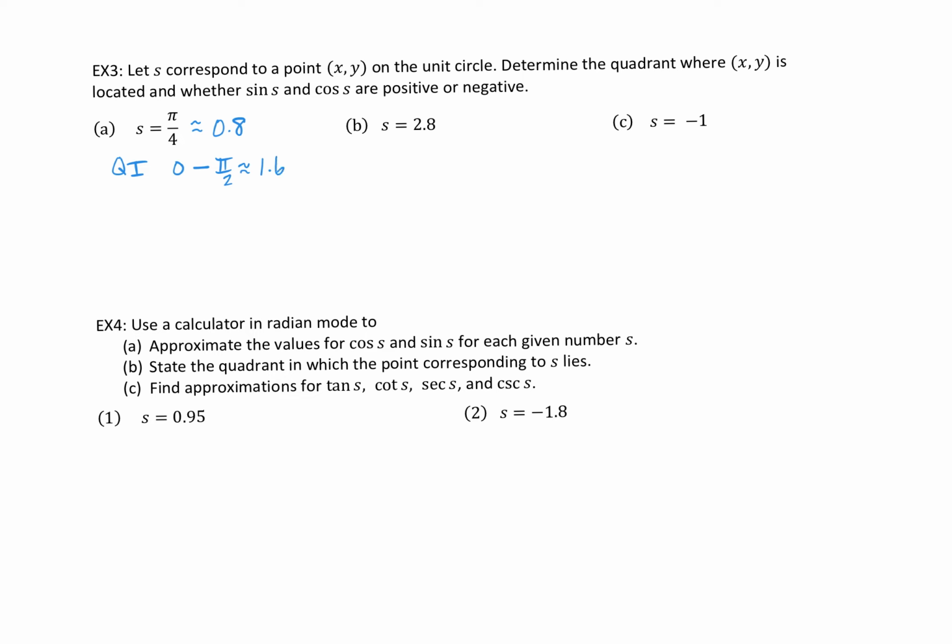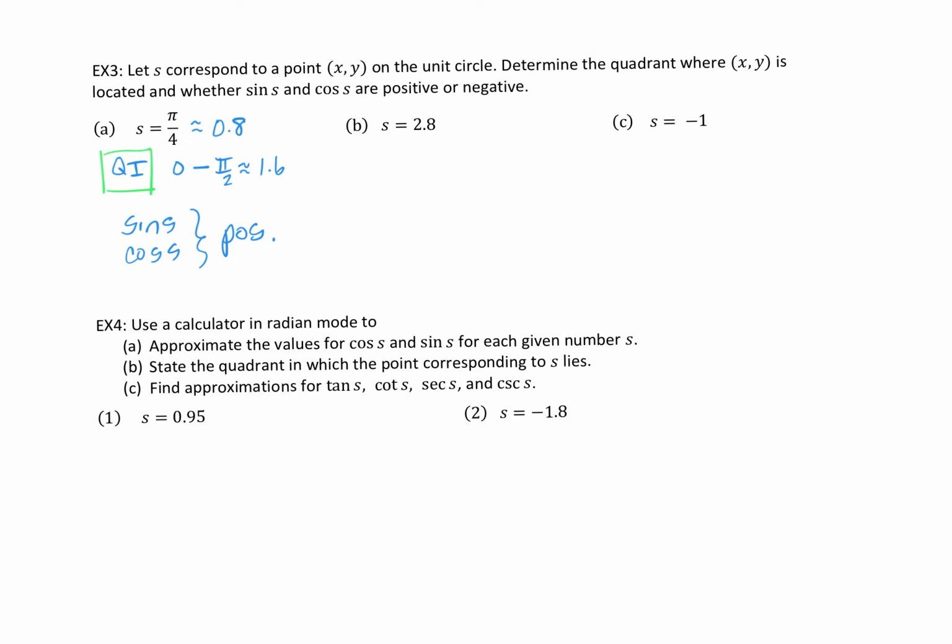So you could see that 0.8 lies within 0 to 1.6, which means we are going to be in quadrant 1. So since we are in quadrant 1, sine and cosine of S are both going to be positive.